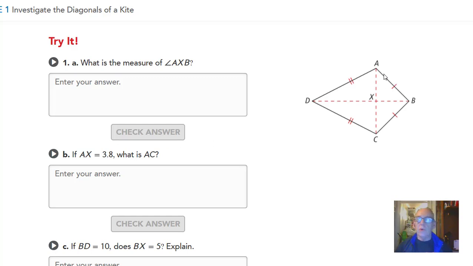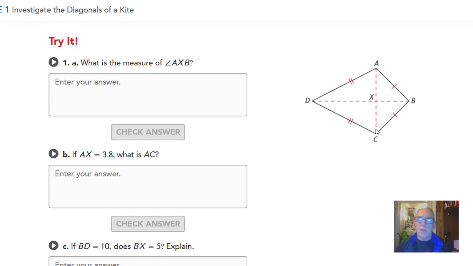If AX is 3.8, what is AC? AC is going to be double 3.8 because half of the minor diagonal is 3.8. The whole diagonal must be double 3.8 since the major diagonal is the bisector of the minor diagonal.